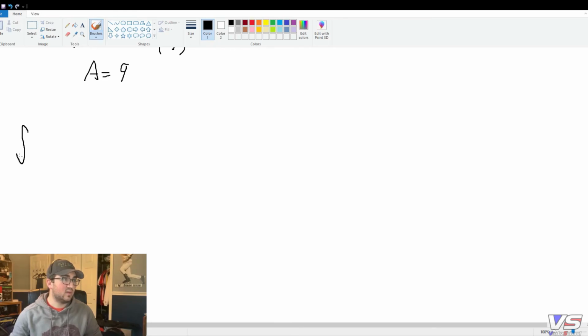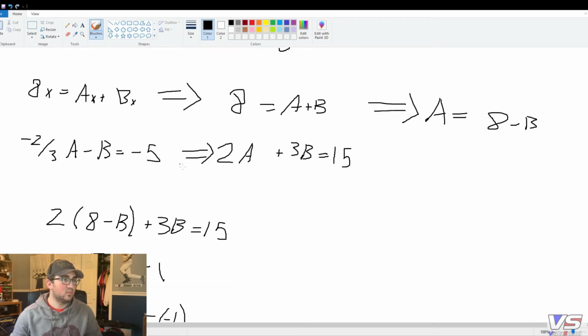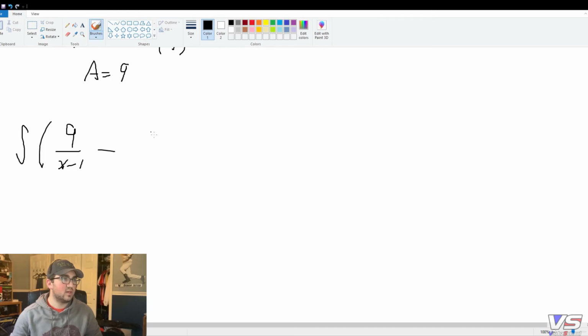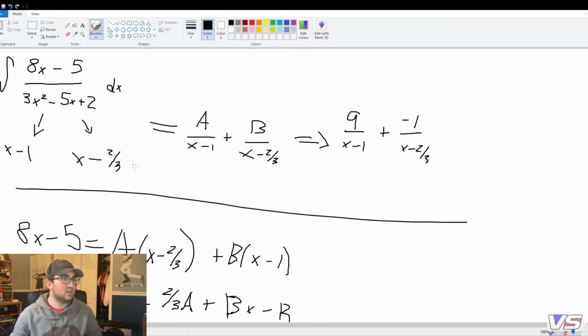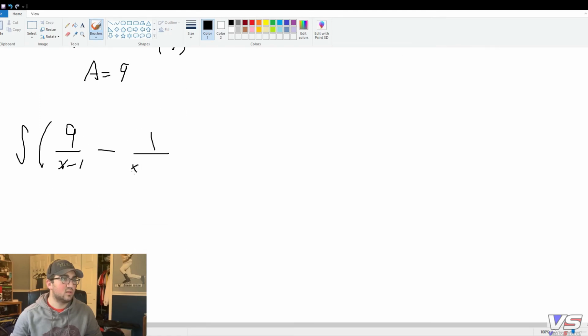So now integral of 9 over x minus 1 plus, nope, minus, did I do it right up here? Yeah, well, we'll do it like this now. We can do minus 1 times x minus 2/3 dx.